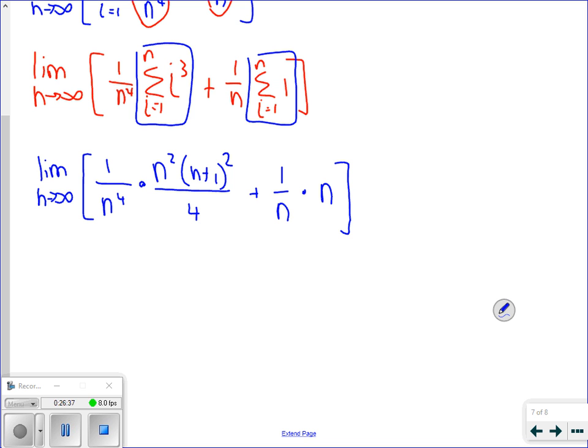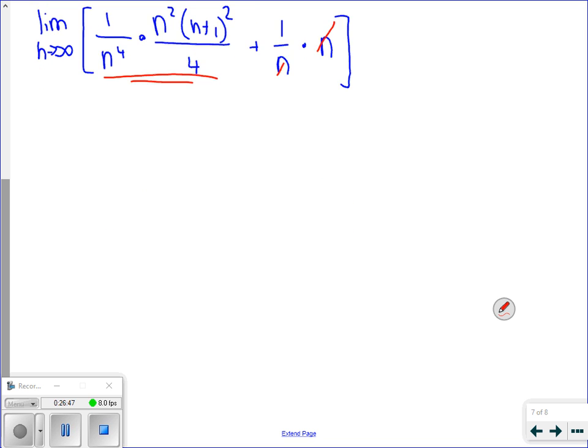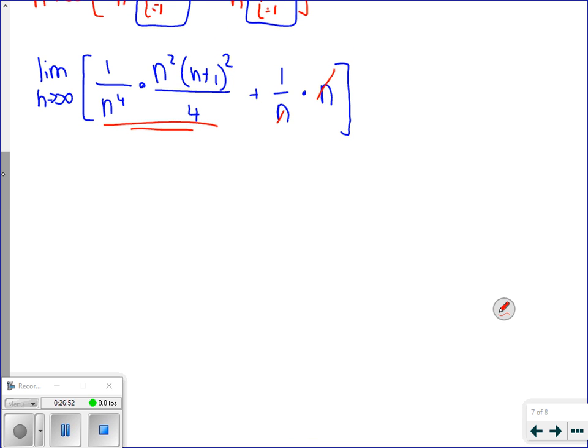Okay? And it's pretty similar to the one we did before. The n's cancel. And really, I'm just worried about taking the limit of this rational piece here and just adding 1 to it. All right, so look at the leading coefficients on top and bottom because we're taking the limit to infinity. On top, it's 1 times n squared times n squared.